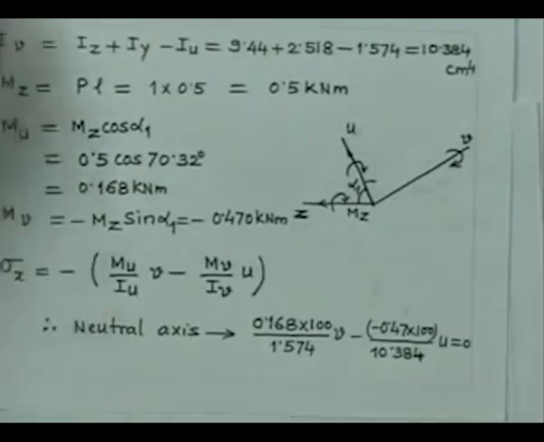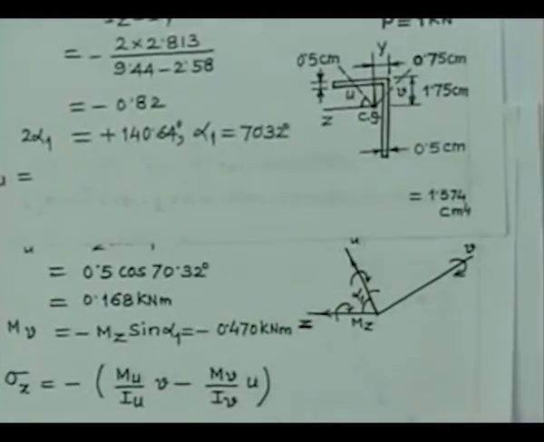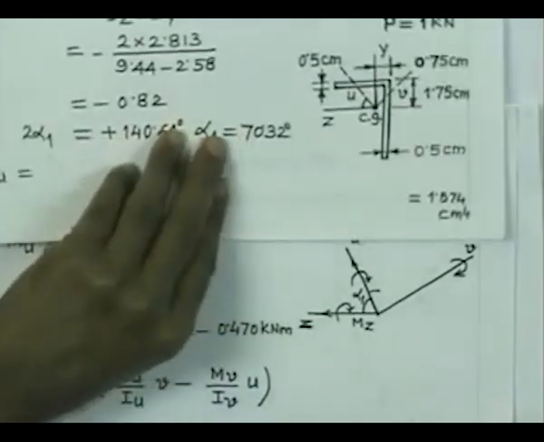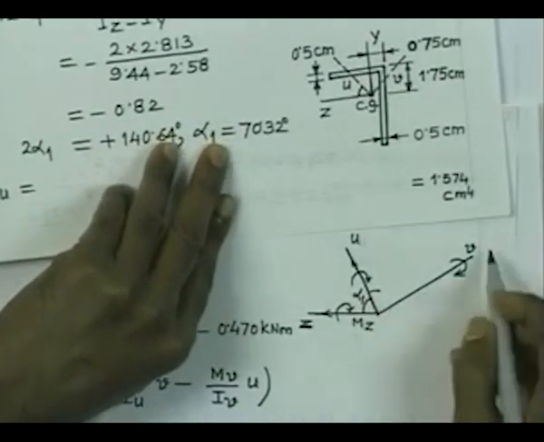So, let us consider the cross section again. This is the cross section. We have the u, v directions like this.